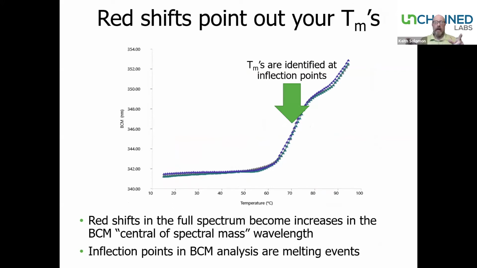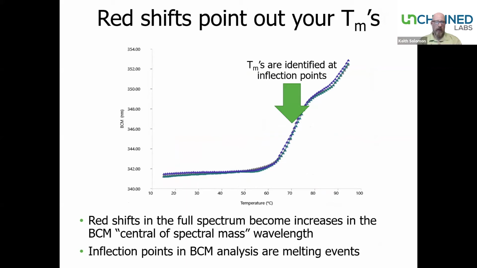Here is an example of bovine IgG that was heated from 15 to 95 degrees at a 1 degree per minute ramp rate. And the thermogram is displayed as temperature versus barycentric mean. When you plot this out, you can easily see a very apparent red shift.